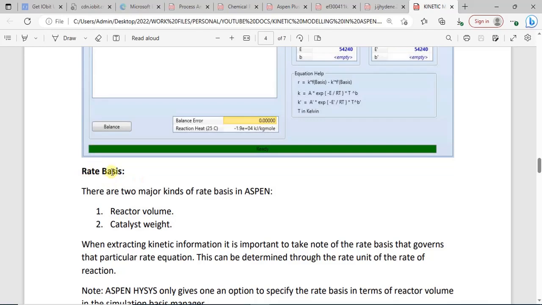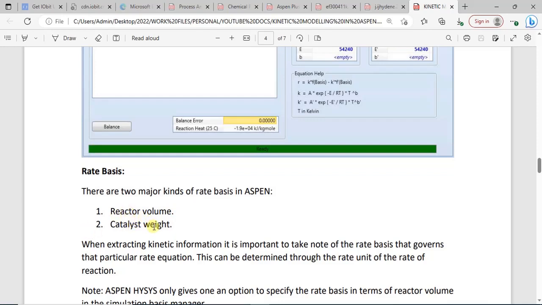Now, rate basis can be divided into two. Rate basis is basically the basis of that rate expression, or the basis of the rate of that chemical reaction. So in Aspen, you have two types of rate basis. You have the reactor volume, so your rate can be based on reactor volume, or it can be based on catalyst weight.